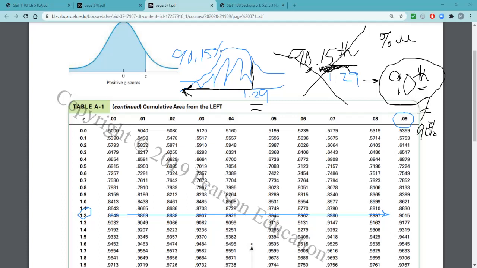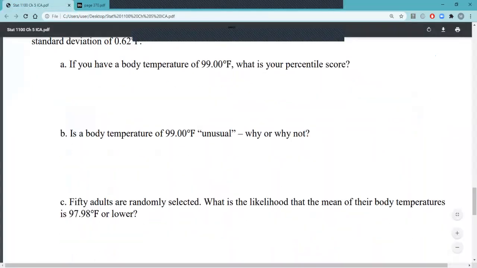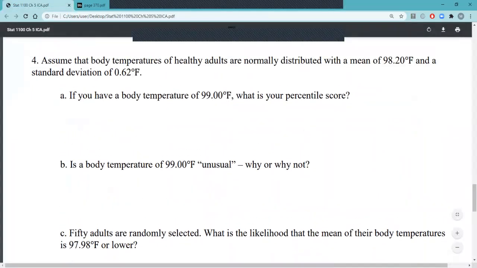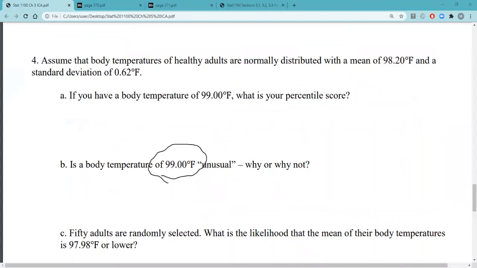I'm going to clear this and go back to question 4. Now we're asked, is a body temperature of 99 degrees Fahrenheit unusual? Why or why not? Remember that this body temperature of 99 is z equal to 1.29.